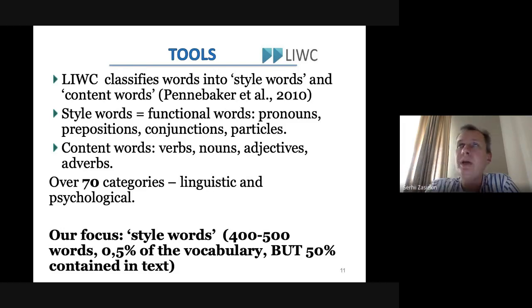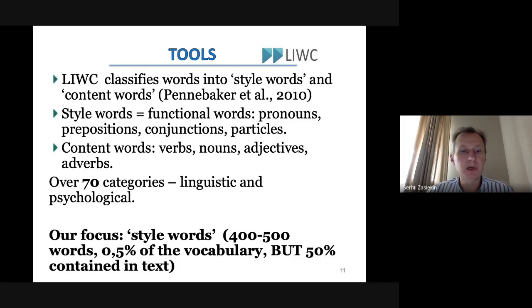Among psychological characteristics, it can count the affect category, that is positive and negative emotions, sadness. It can define the specific weight of anger words in the text. So it's a truly psycholinguistic tool.